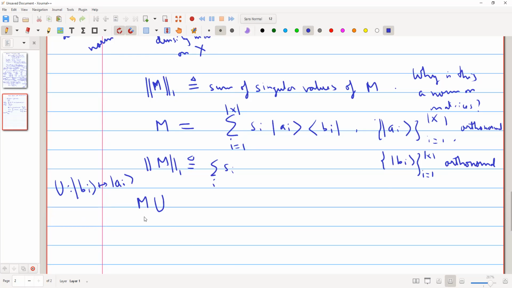So you can check this is unitary, because B_i was an orthonormal basis and A_i is another orthonormal basis. So it's just a linear map which sends one orthonormal basis to another. So by definition, it's a unitary map.